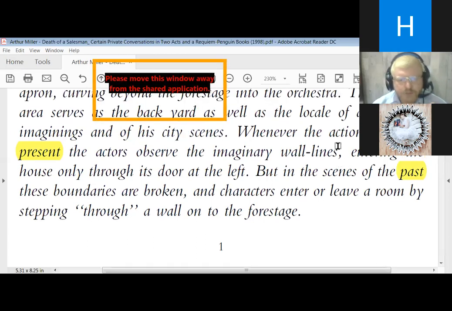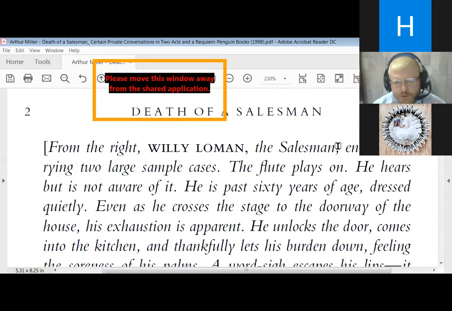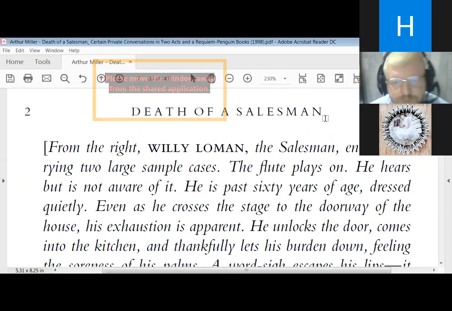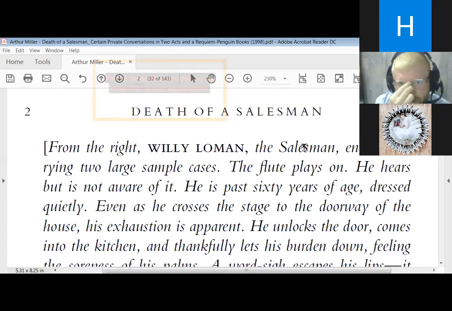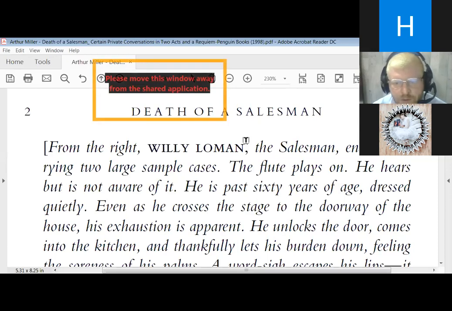And this is a source of confusion in the play, as we have said, that some of the action is taking place in the present, and some of the action is taking place in the past.